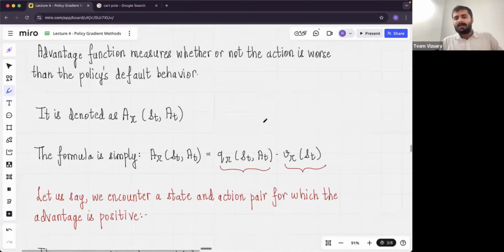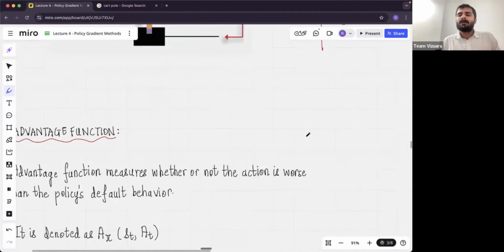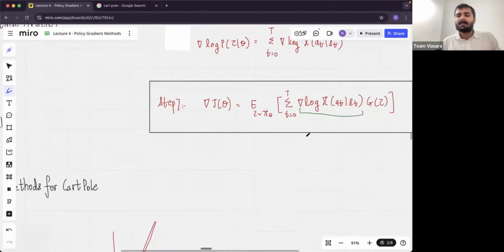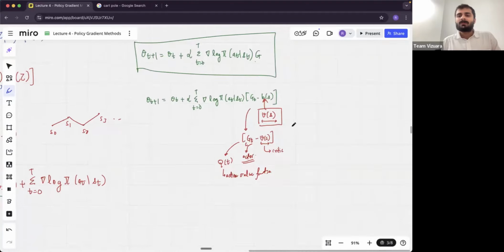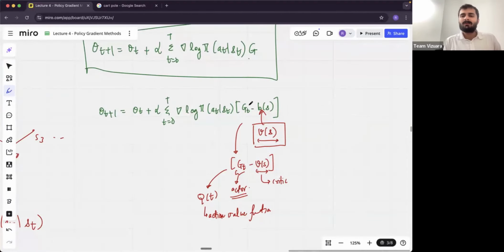So it is denoted by Q pi of s_t comma a_t, which is this term, minus V pi of s_t, which is this term. And this is exactly the term that we get in our reinforce with baseline method. You can see here. So sometimes what people do, and you might see this in literature also, so don't get confused by it, they replace this entire block.